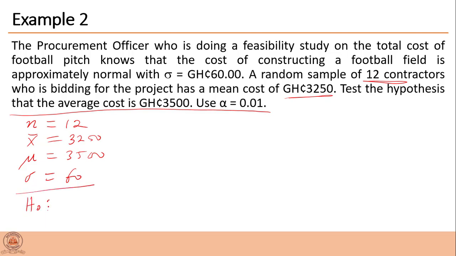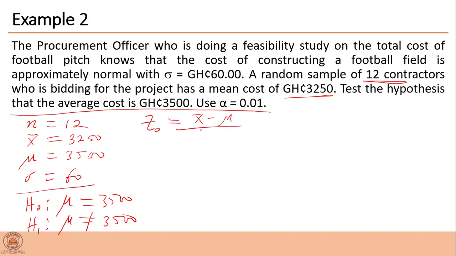The null hypothesis is that mu is equal to 3500, and our alternative is that it's not equal to 3500. The Z value, let's denote this by Z naught or Z calculated, is equal to X bar minus mu all over S divided by square root of n.